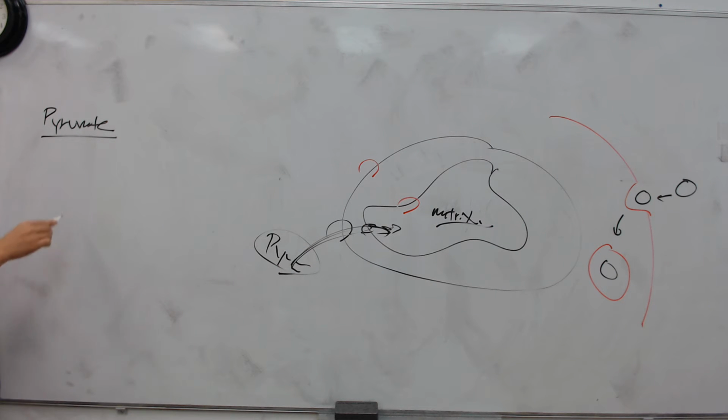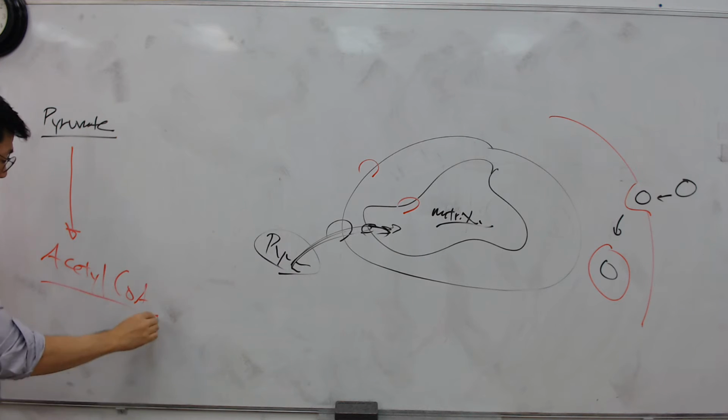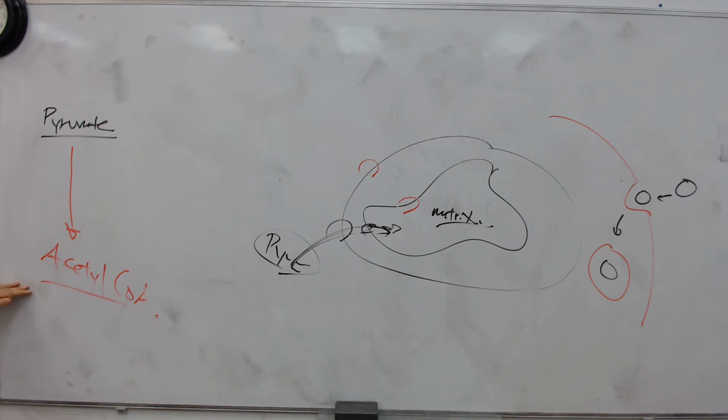What they do is turn pyruvate into acetyl-CoA. You have to at least know this process. They turn pyruvic acid, or pyruvate, into acetyl-CoA, and during this process they produce CO2 and an NADH.